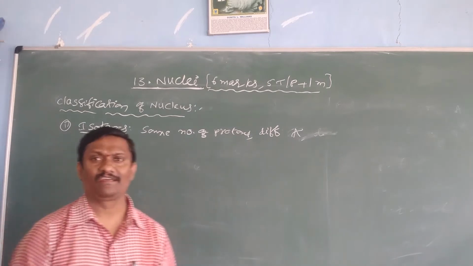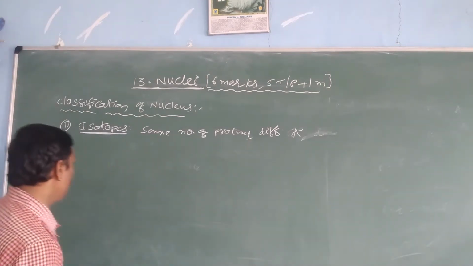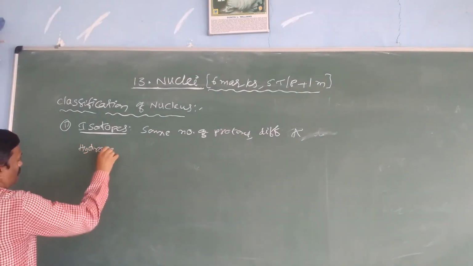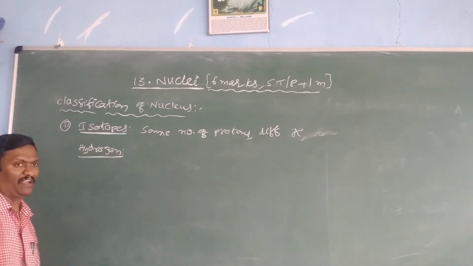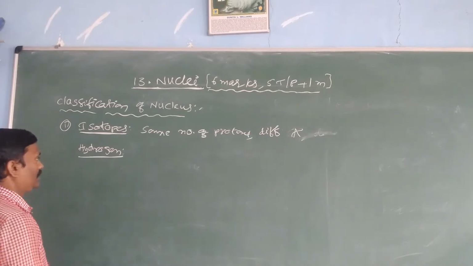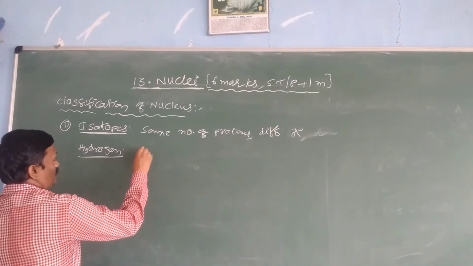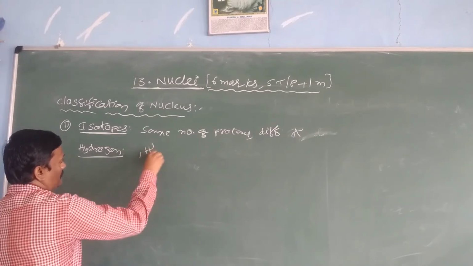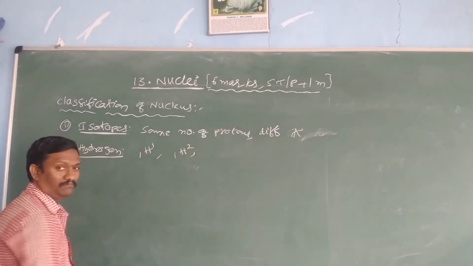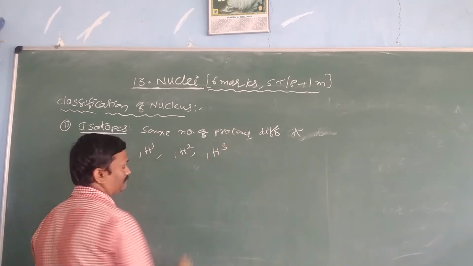Generally, every element has different isotopic forms. For example, what are the isotopic forms of hydrogen? Hydrogen has 3 isotopic forms. The first is 1H1, the second is 1H2, and the third is 1H3.